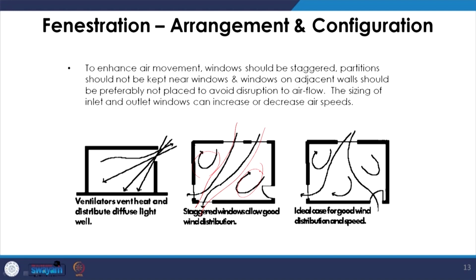However, if we do not have these openings, the wind would just not circulate through the entire room. So, for enhancing the air movement, it is advised that the openings be provided on opposite walls and preferably at the corners, so that the entire room remains well ventilated.